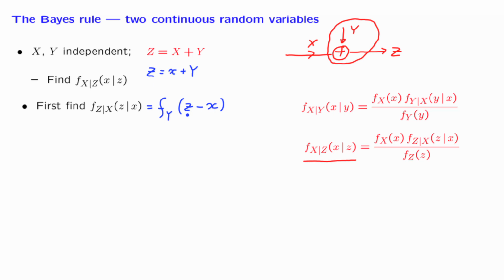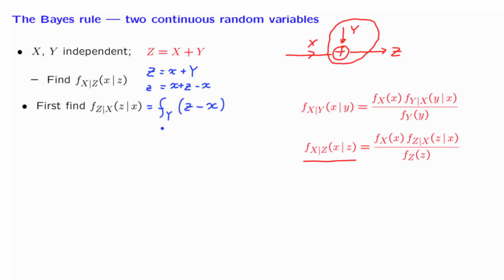Another way to think about why this argument z minus x here is correct, notice that in order for capital Z to be equal to some little z, then capital Y should be equal to z minus x. This is the value of y that makes the sum of x and y turn out to be the same as little z.